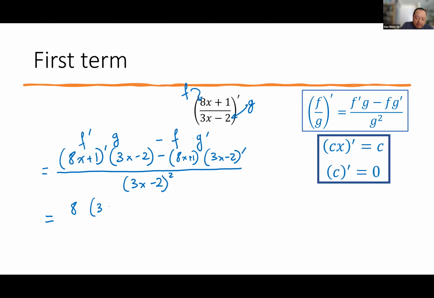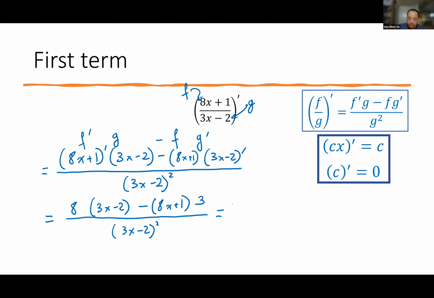Times g, minus (8x plus 1) times the derivative of 3x minus 2. The derivative of 3x is 3. The derivative of 2 is just 0. The derivative of the whole thing is 3 minus 0 equals 3. Divided by (3x minus 2) squared. Multiply this out.